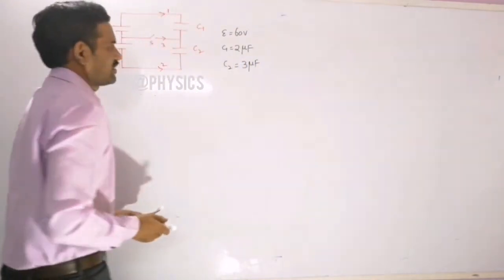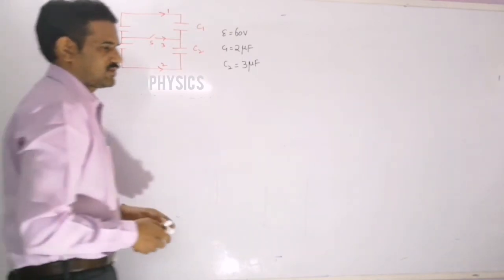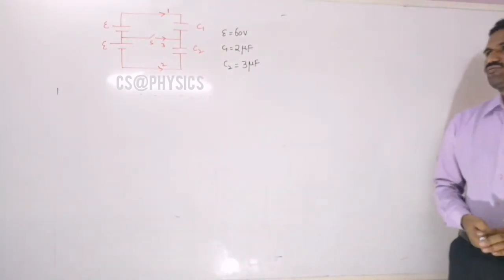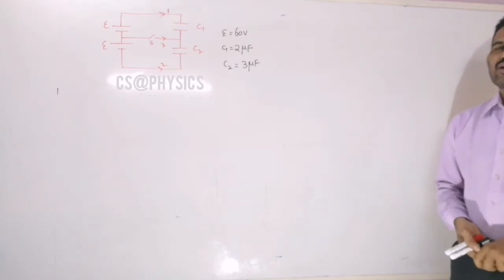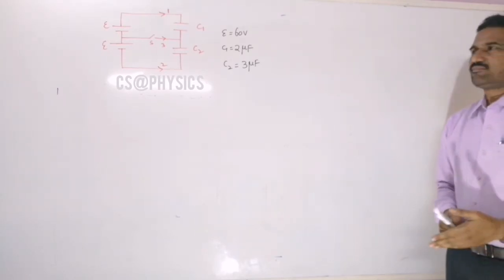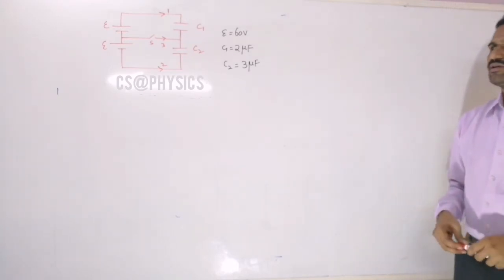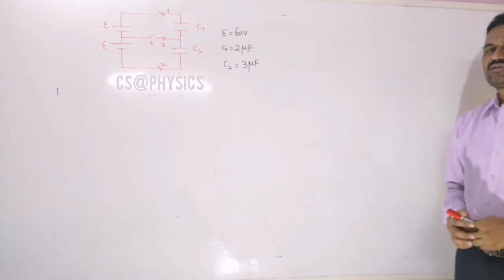Now you need to find the charges on each path. So write that question: in the circuit shown in figure, find the charge flowing along the directions 1, 2, 3 once the switch is closed.